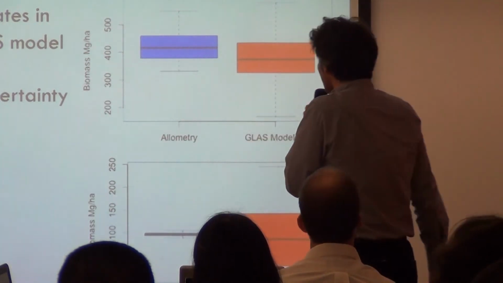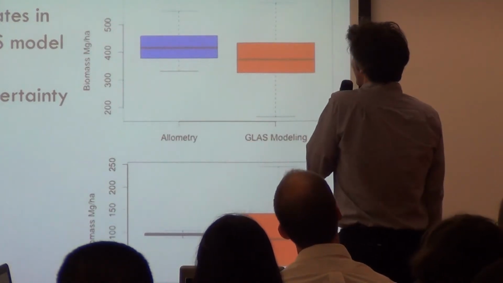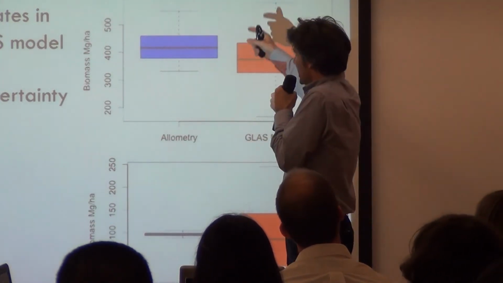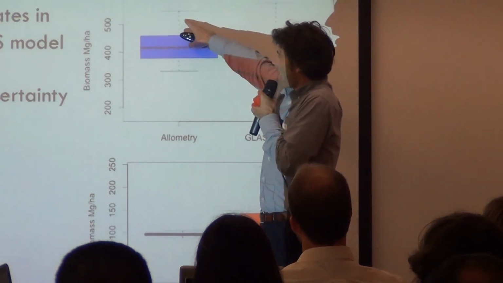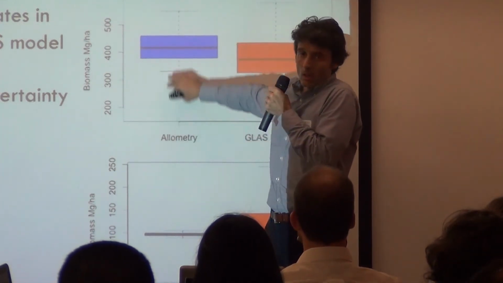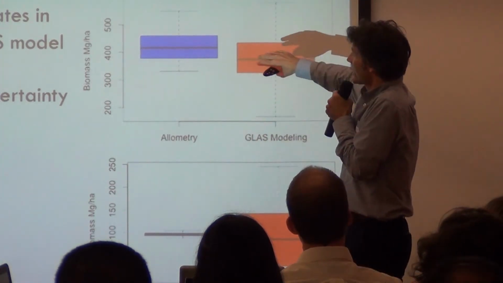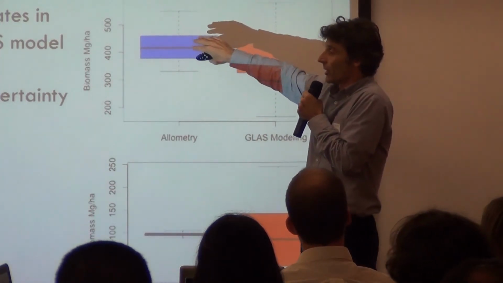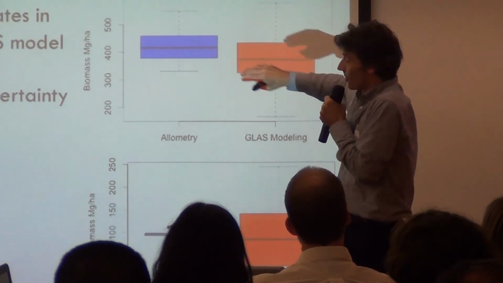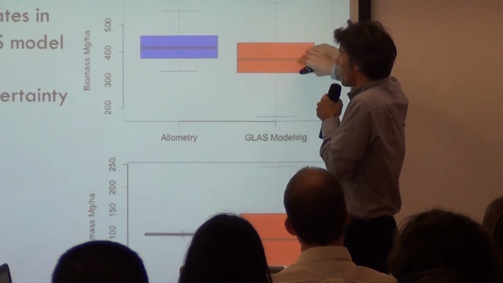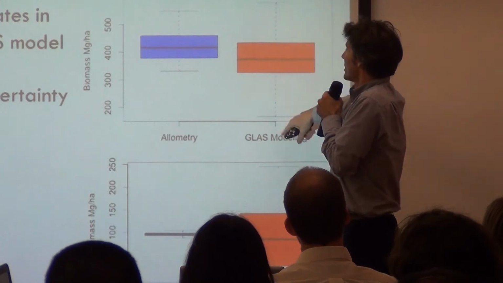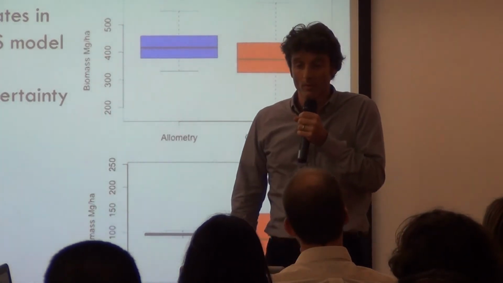Now, in this next plot, again, it's a different plot, and we have the estimate only from the allometry, right? And here on the right is the estimate from the allometry plus the error of the allometry and the GLAS model. So as you can see, there is a much larger spread, right?